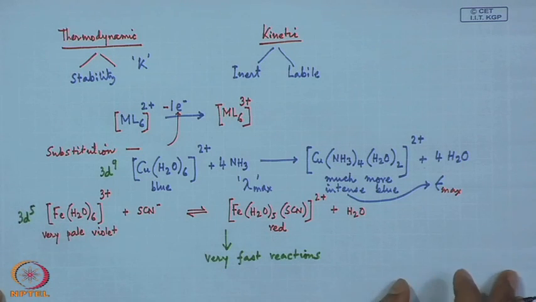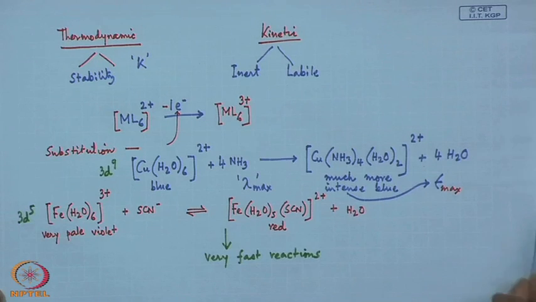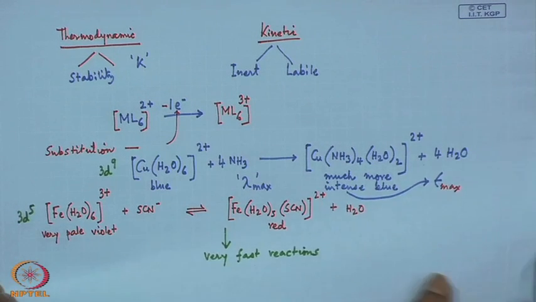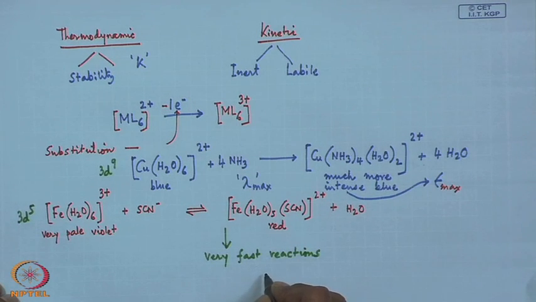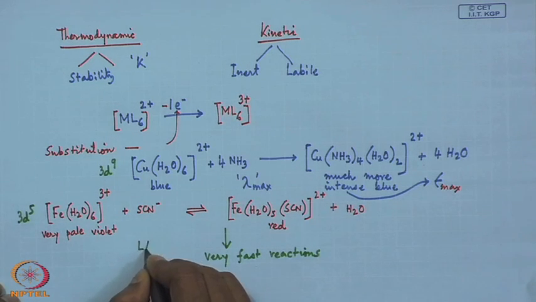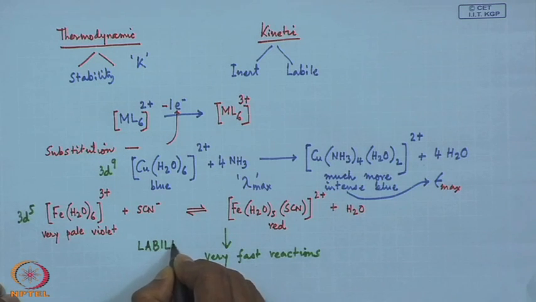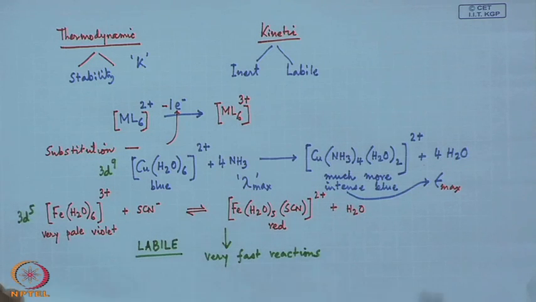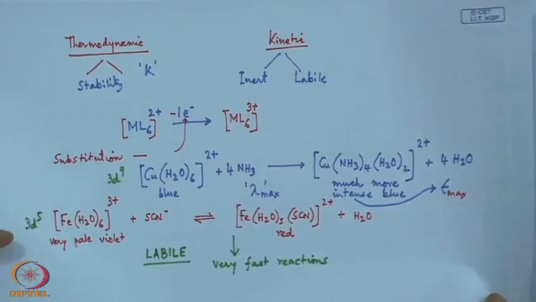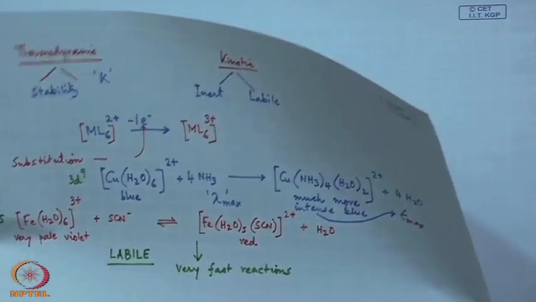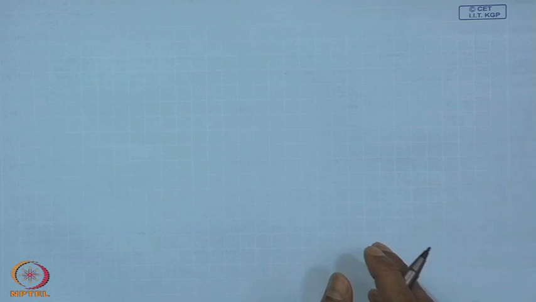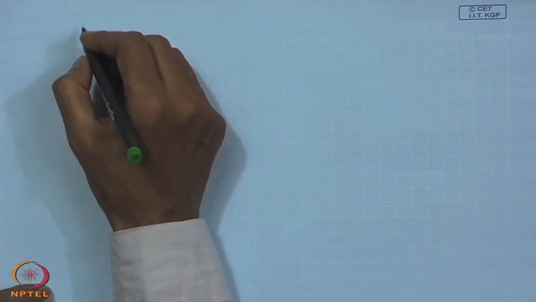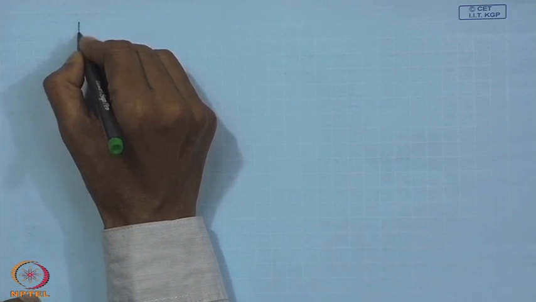So, these two electronic configurations can tell us they have very fast reactions for ligand substitution reactions, therefore, they are kinetically labile complexes. So, the complexes which we are talking about here are labile in nature.